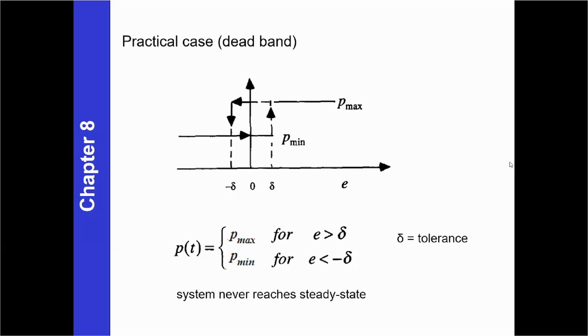Some of it could be due to friction, maybe, and there are some components where it will never reach that particular desired speed, or the set point. So that is considered the dead band in this case, a tolerance from the error.